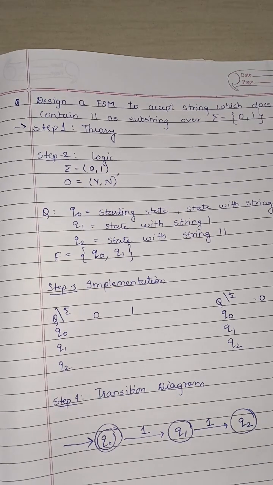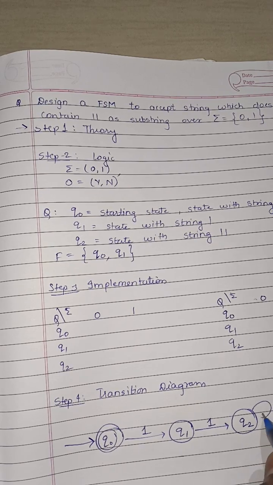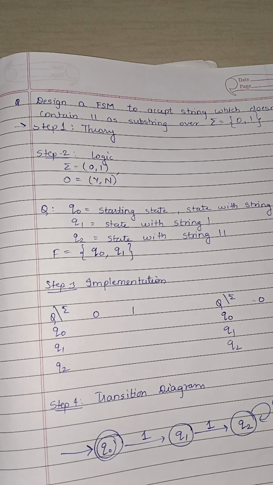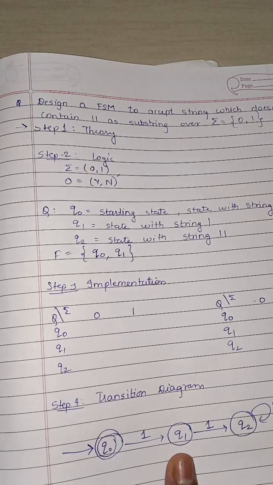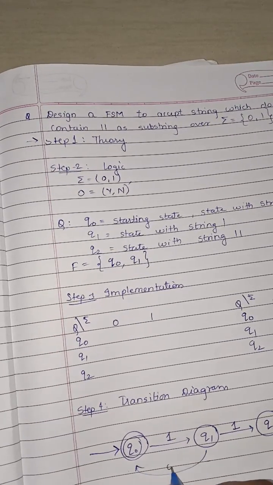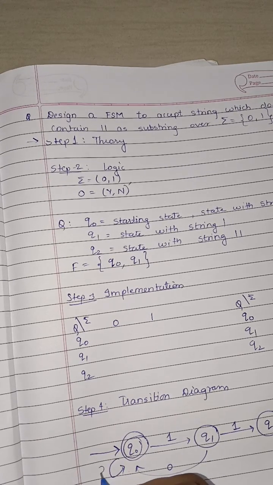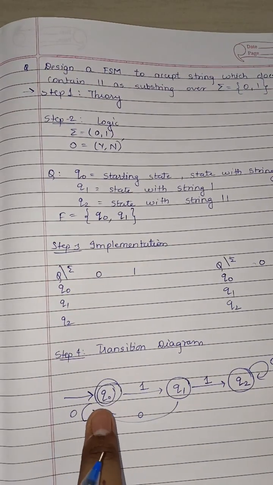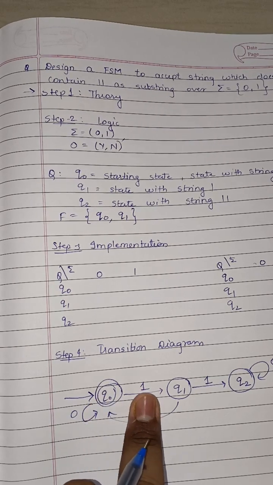That's why afterwards all the zeros and ones that come in the string, I will give to the same state only. I will not change the state. But if Q1 gets 0, it will go to Q0. If Q0 gets 0, it will go to Q0 only. Q0 receives 1, it is going to Q1.